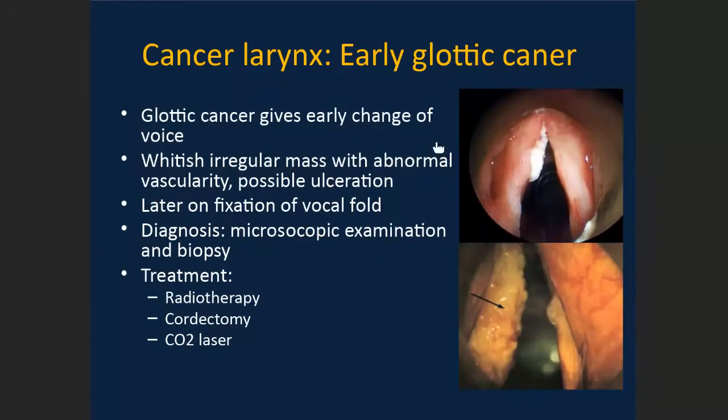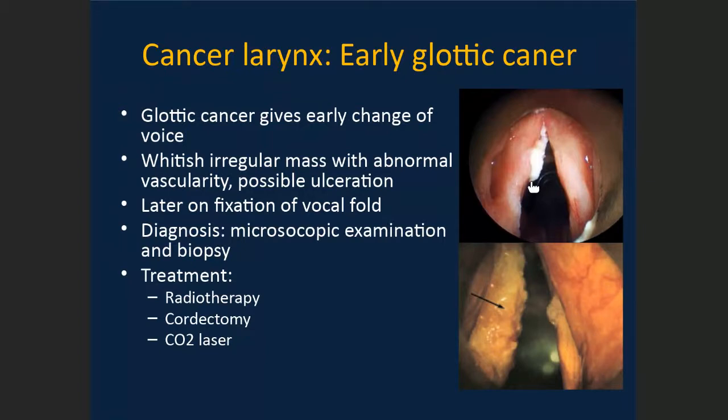Now we will have cancer of the larynx. We will discuss the tumors in detail, but to know if you have a patient with glottic cancer, it gives an early change of voice, because if it is at the vocal cord, it leads to narrowing and contact that leads to a change of voice. Maybe you will diagnose glottic cancer early rather than supraglottic and subglottic.